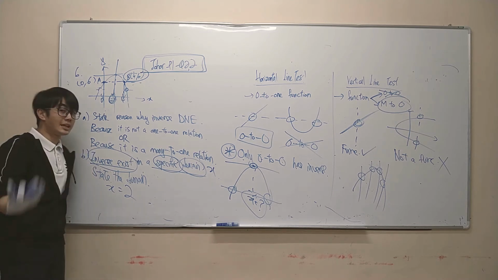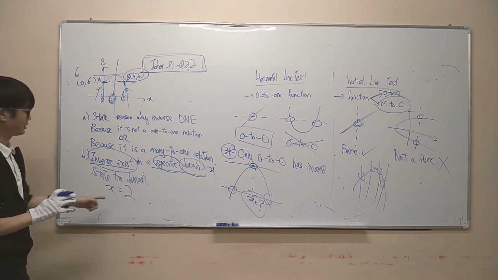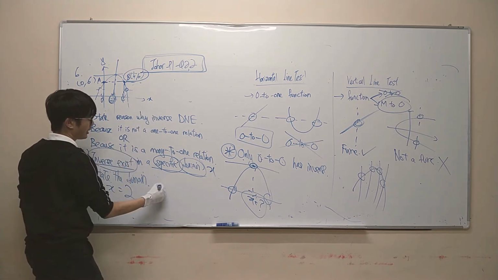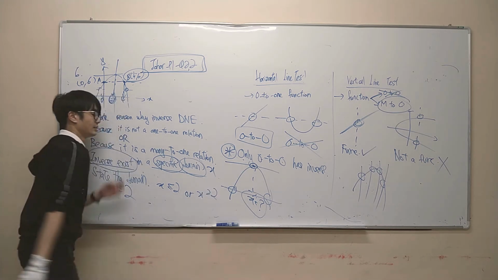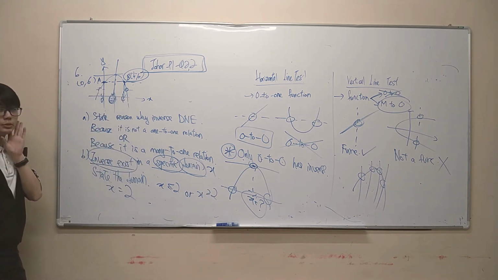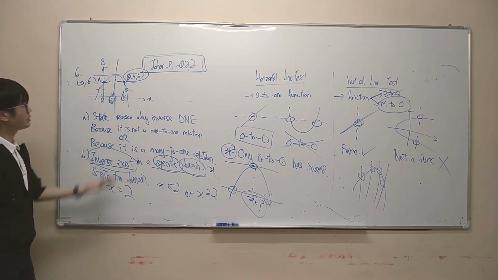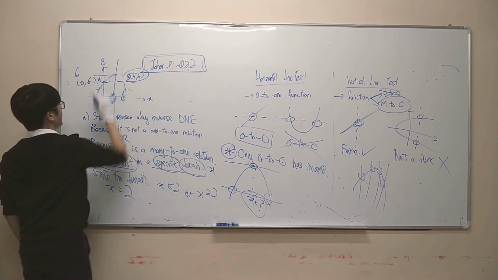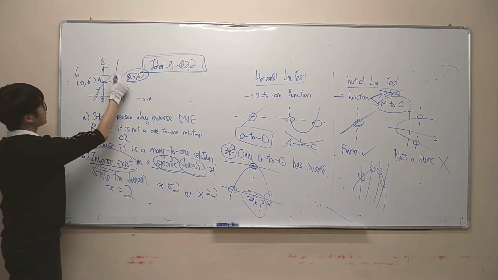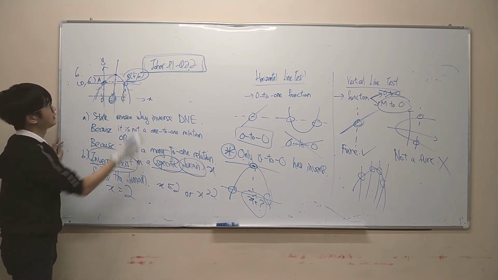If you look at the marking scheme, the scheme didn't write like this. The scheme just writes x smaller or equal to, or x bigger or equal to. I'm not quite sure why they write x smaller than 2. Because if x is smaller than 2, it means this part, and if you draw here, it will be 2 intersection points.